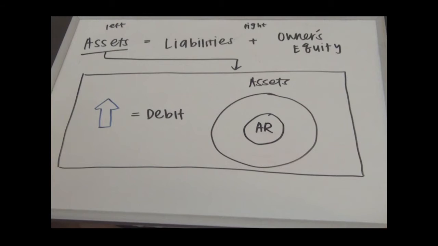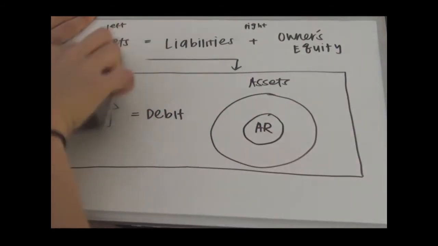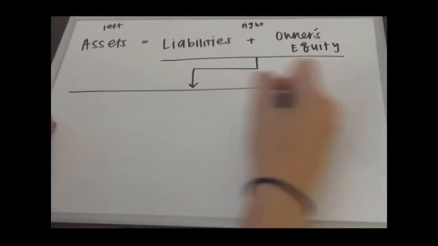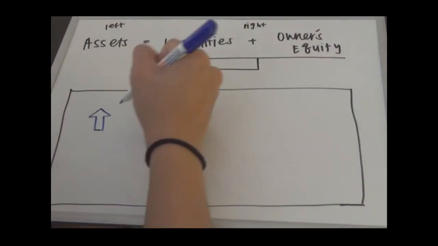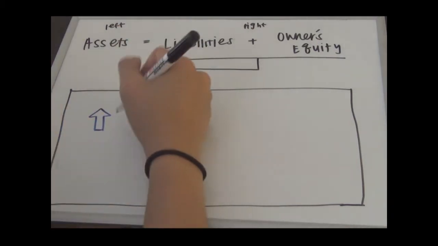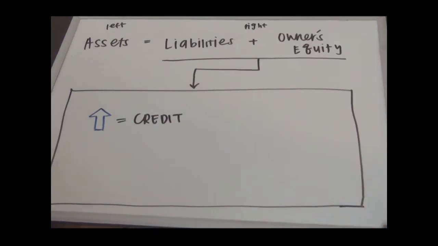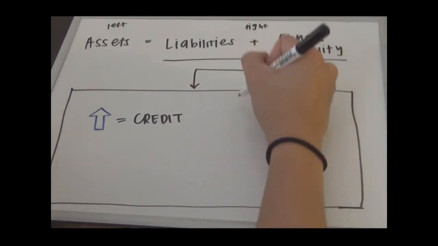So let me ask you, what if I wanted to increase the right side? Would it be a debit or would it be a credit? Good answer. To increase the right side, everything needs to be credited. So even though on the left side it's a debit to increase it, on the right side it's a credit.